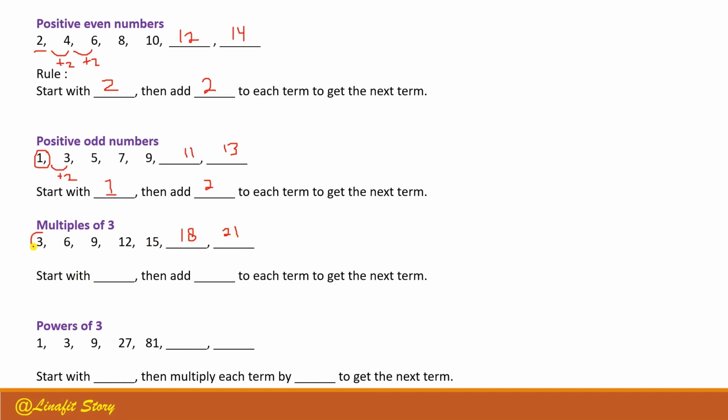Start with 3, then add 3 to each term to get the next term. Powers of 3. 1, 3, 9, 27, 81, 243, 729. Start with 1, then multiply each term by 3 to get the next term.